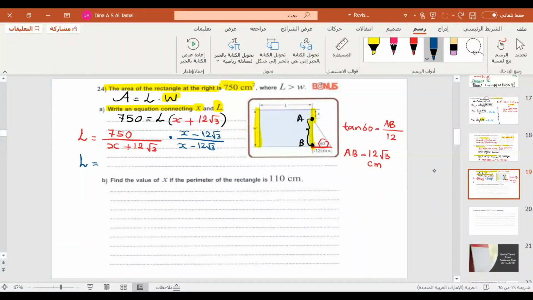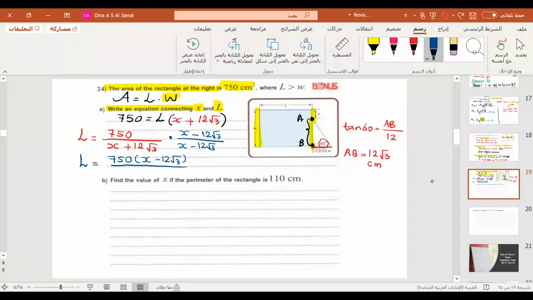And this will be having 750 times x minus 12 square root of 3. And by this, you can use your FOIL method, or you can just use the property of a squared minus b squared. And I will be using this property.